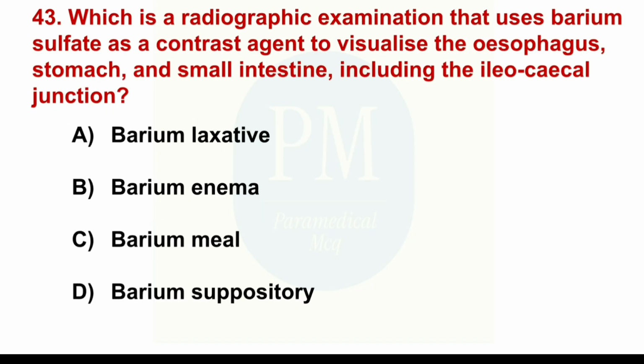Which is a radiographic examination that uses barium sulfate as a contrast agent to visualize the esophagus, stomach and small intestine including the ileocecal junction? Option A, barium laxative. Option B, barium enema. Option C, barium meal. Option D, barium suppository. The correct option is option C, barium meal.